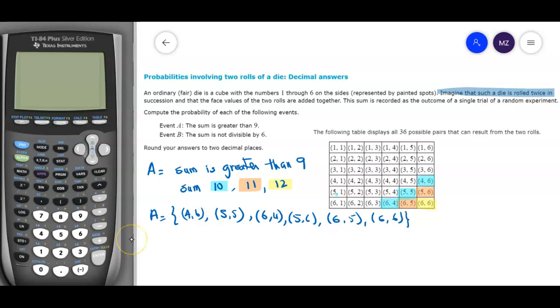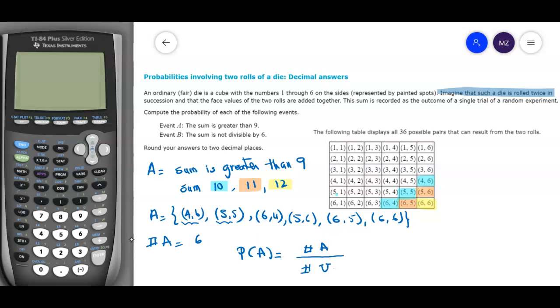Counting the number of outcomes in A, every couple of numbers together is one outcome. This is one outcome, this is another one. If you count, there are going to be 6. Finally, applying the probability formula, the probability of any event A equals the number of elements in that event A divided by the total number of the universal set.